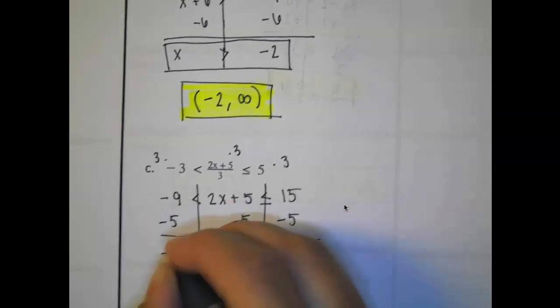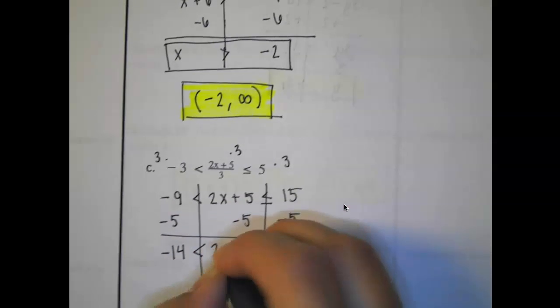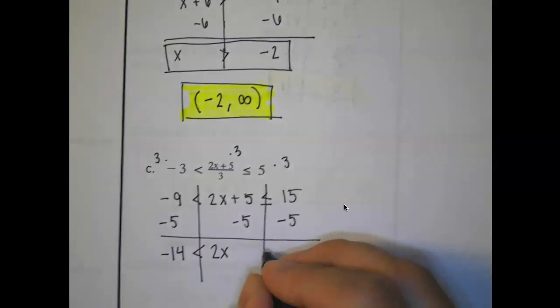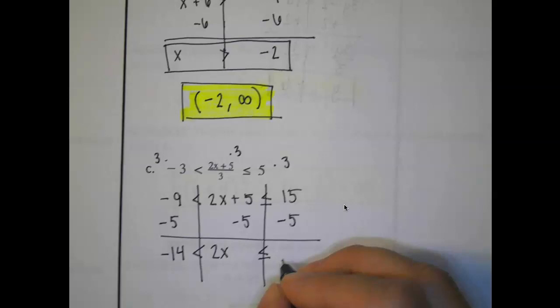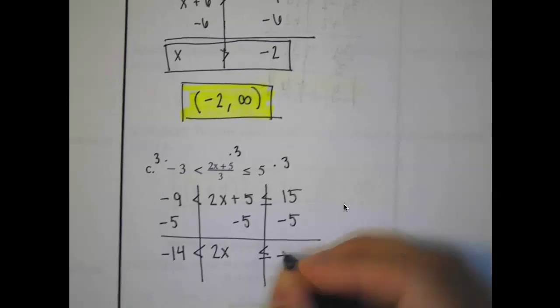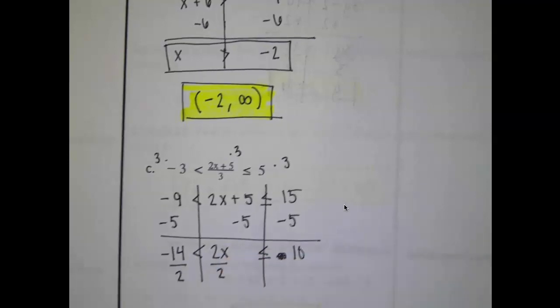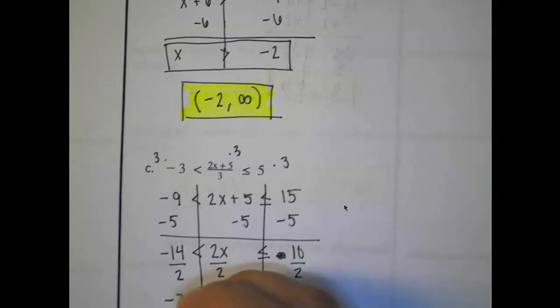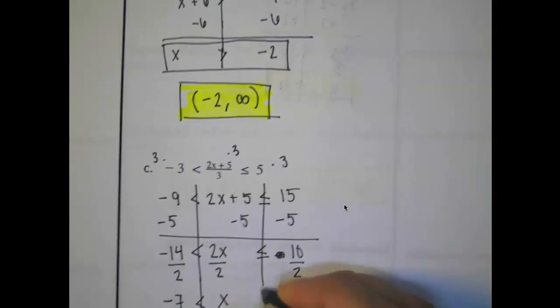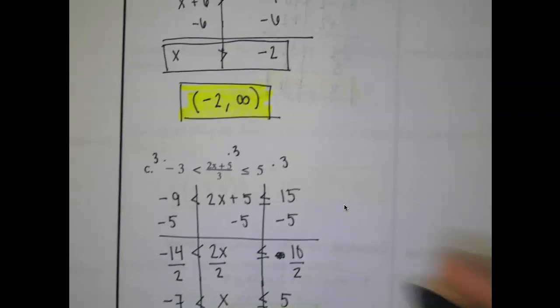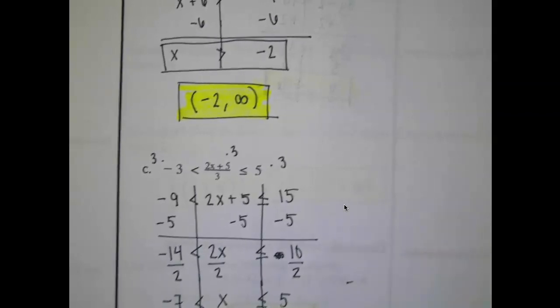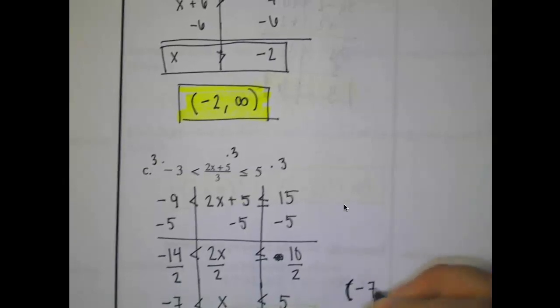I've got negative 14 is less than 2x less than or equal to 10. Divide by 2. I've got negative 7 is less than x is less than or equal to 5, which means I've got a parentheses, negative 7 to 5 bracket.